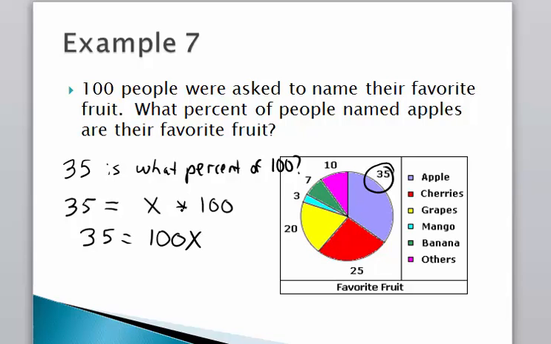And we do so by dividing both sides of the equation by 100. We're going to end up getting 0.35 when we divide 35 by 100. And remember, the question is asking for a percentage, so we want to give our final answer as a percent. So moving that decimal place 2 places to the right would give me 35%.